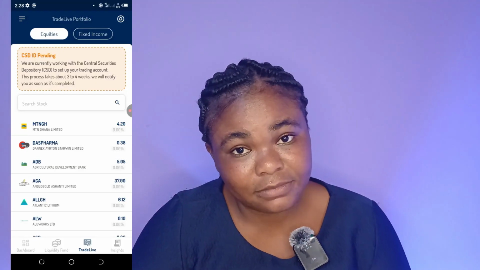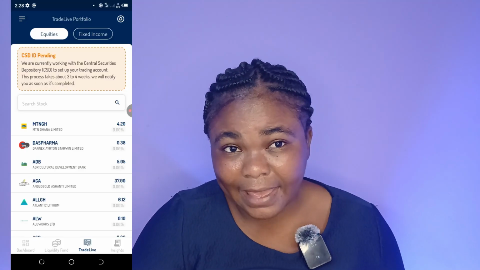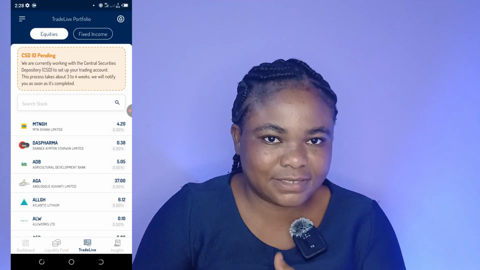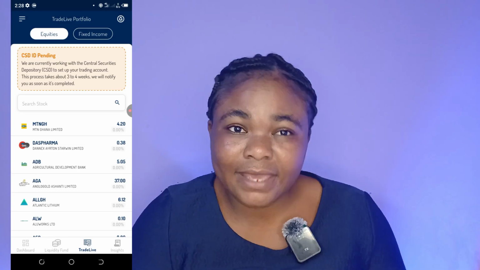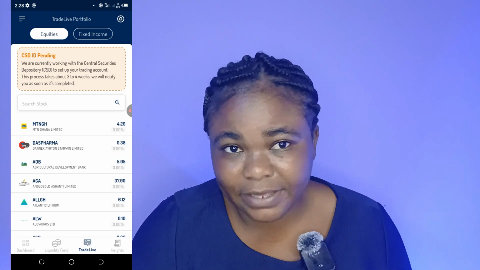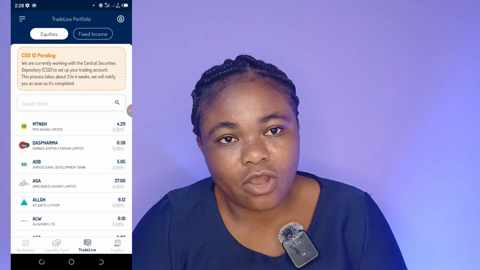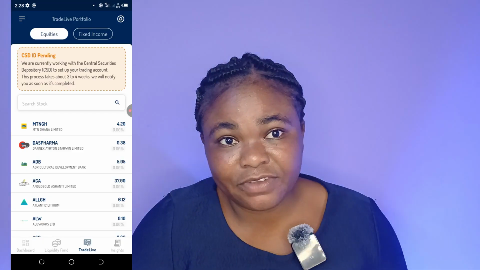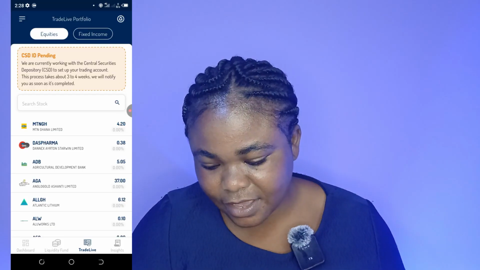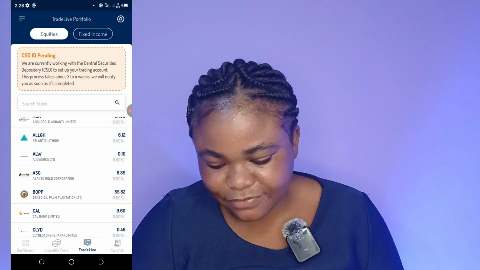So for MTN stock, you can buy and then sell, and buy and then sell again and get profit from it. And at the end of the day, you can also get a dividend. It's the same with Farm Milk.